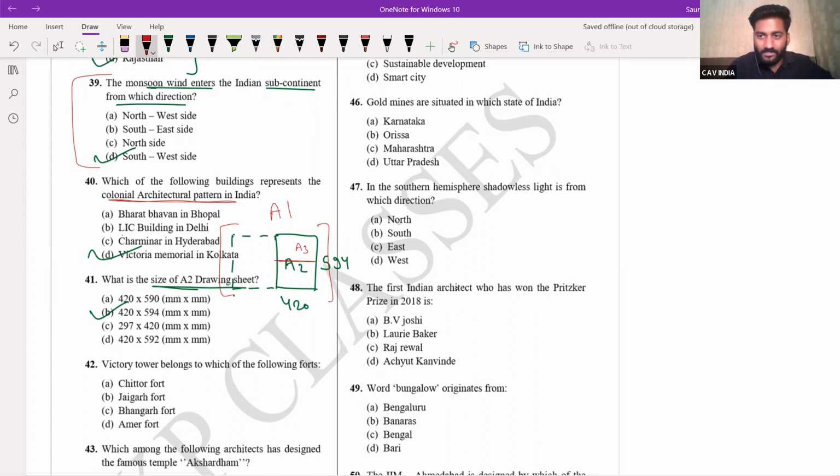Let's say this year they ask about the size of A3 sheet. So you know that you need to half the A2 to get the A3, which also means that this will remain the same, 420, and this will become 297. So this is how your one knowledge will help you in answering similar questions.